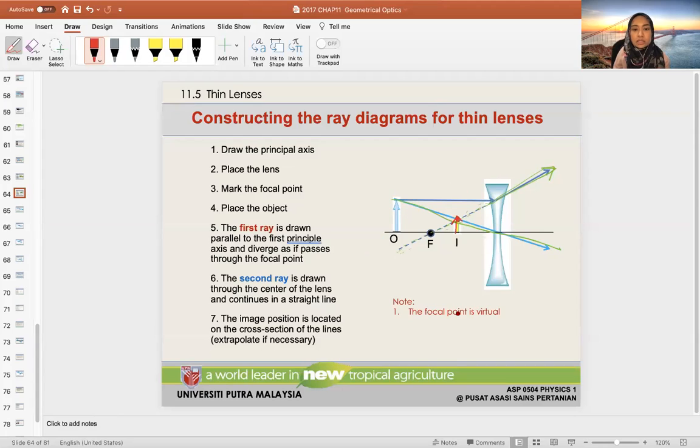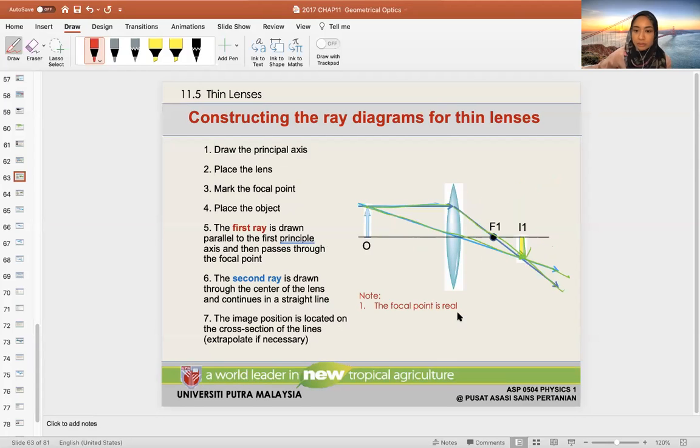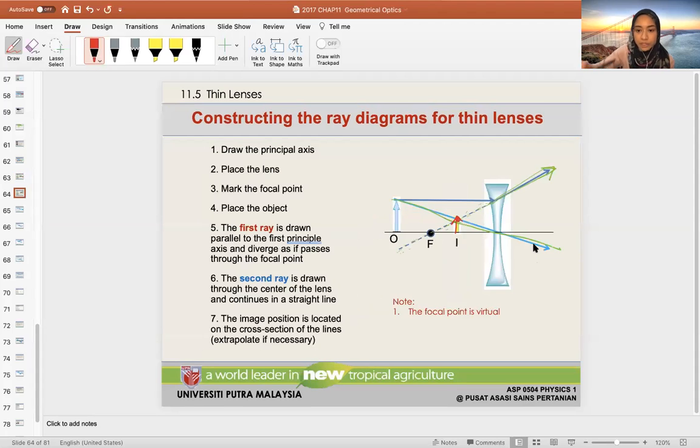Again, your image is with respect to your principal axis to where you intersect. Jangan letak dekat udara image tu, please. Tadi tu pun sama. Principal axis and where you intersect, that is your image. Do not draw your image mid-air, okay? Principal axis. There's a reason for the principal axis to be there, okay? So that you know where to draw your image. All right.